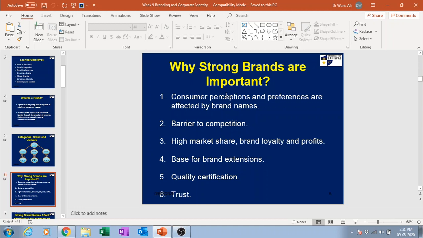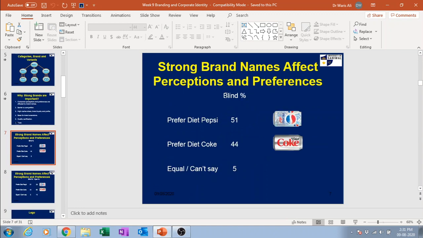And these brands basically help create a barrier for competition as well, because people cannot easily enter into that market because already established brands are there. It means those brands create a barrier for new entrants. So strong brands are very important for companies.